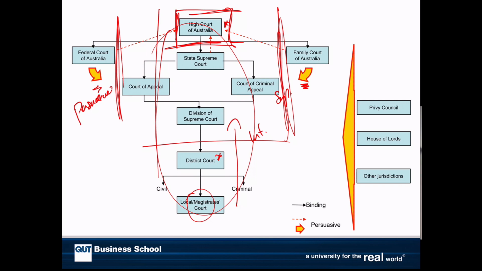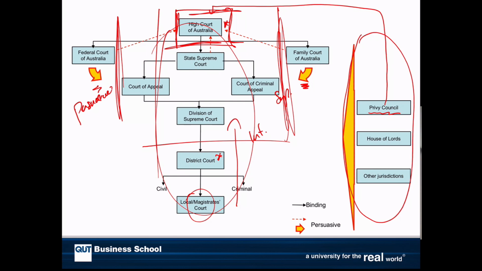Now, just to understand history and some of the cases that we'll come across, the Privy Council, which was the highest court in Britain, used to sit above the High Court up until the 1980s. It now doesn't.